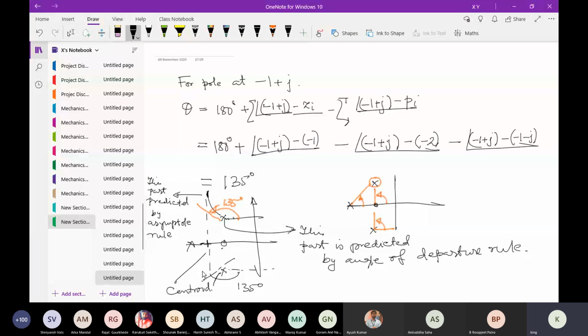So angle of arrival we will not have in this case. We can calculate and figure it out.